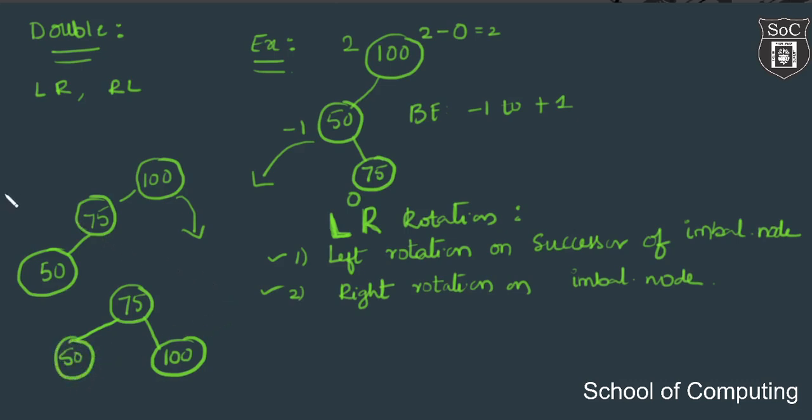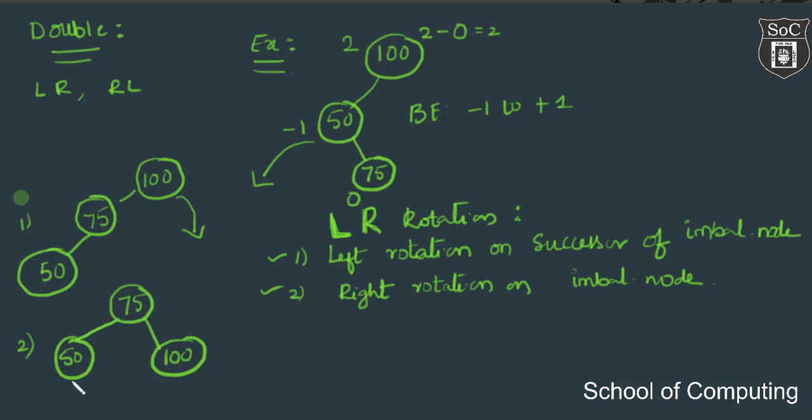So this is step 1 and this is step 2. After performing two stages of rotations, what is my final output? 75 became the root node, 50 and 100 are left and right children respectively.